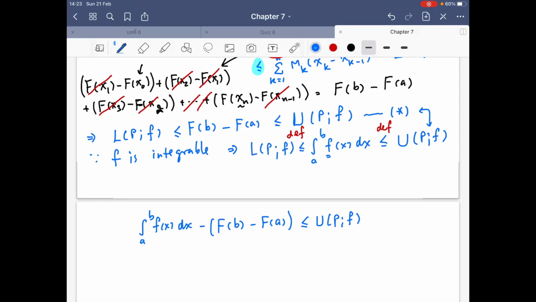Because here the inequality will reverse into a negative, because you do a subtraction.